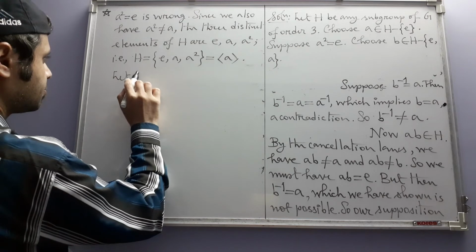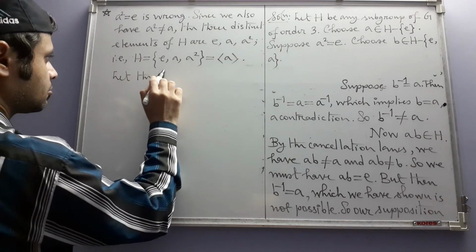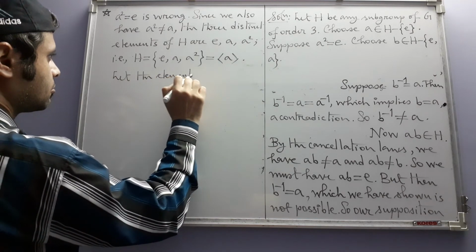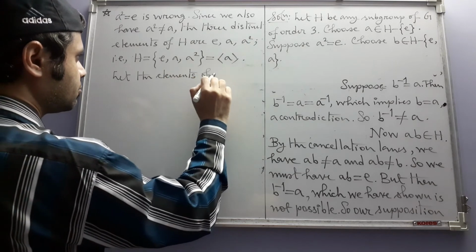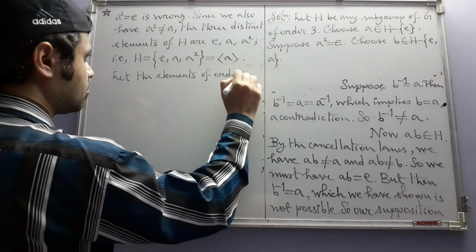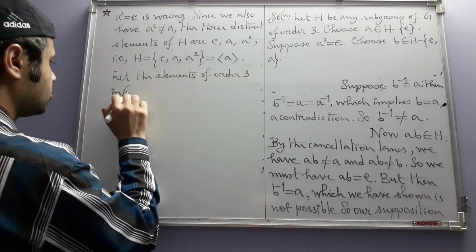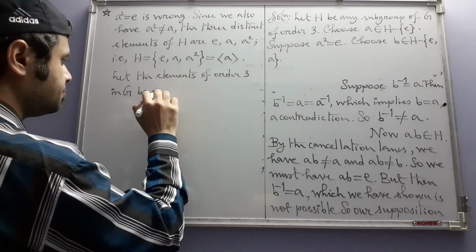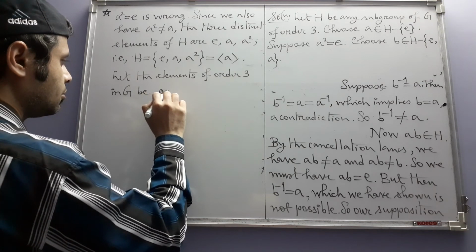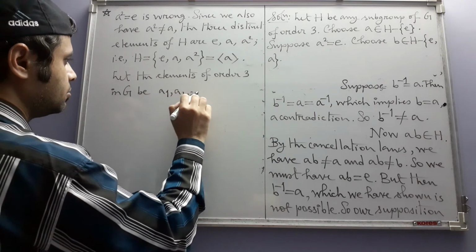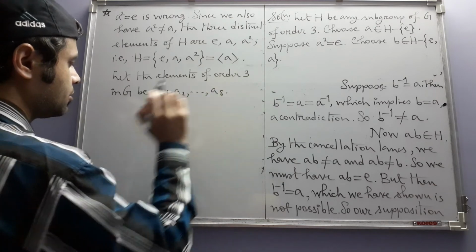Let the elements of order 3 in G be A1, A2, etc., A8.